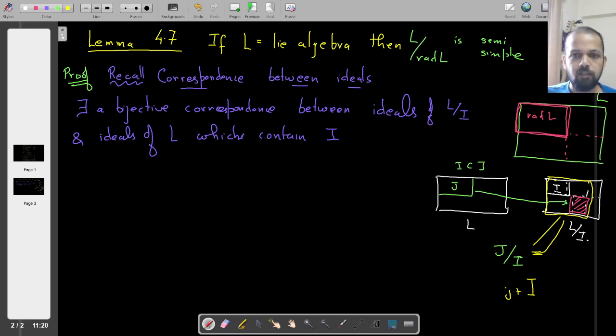That was the bijective correspondence between ideals. Now we are going to apply this bijective correspondence between ideals by taking I to be equal to radical L.